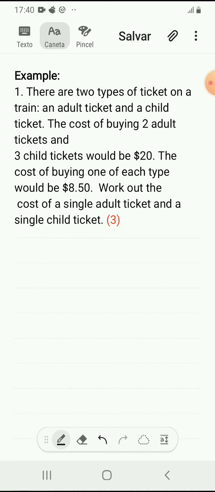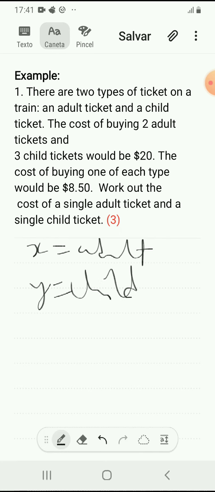So we denote the adult ticket as x, and y for child, right? So here it's 2 adult tickets, so write 2x. You can choose any letter of your choice, right? 2x plus 3 child tickets, 3y, gives us 20.